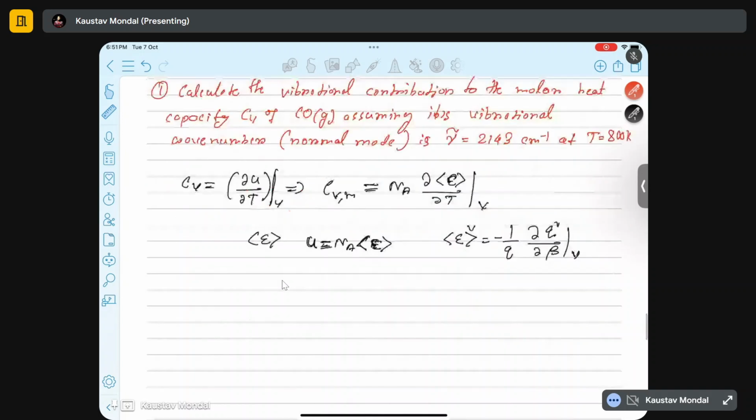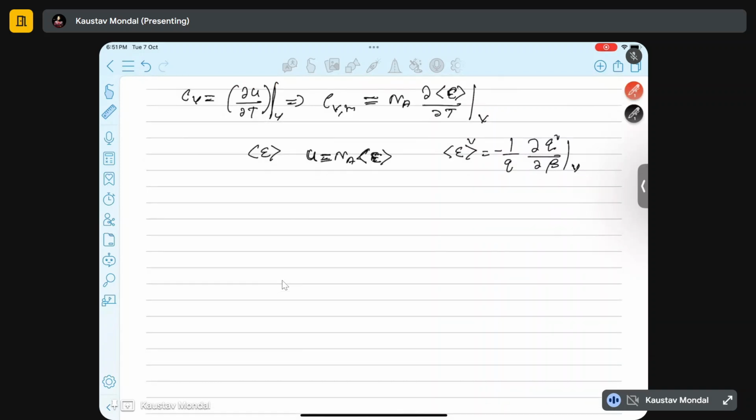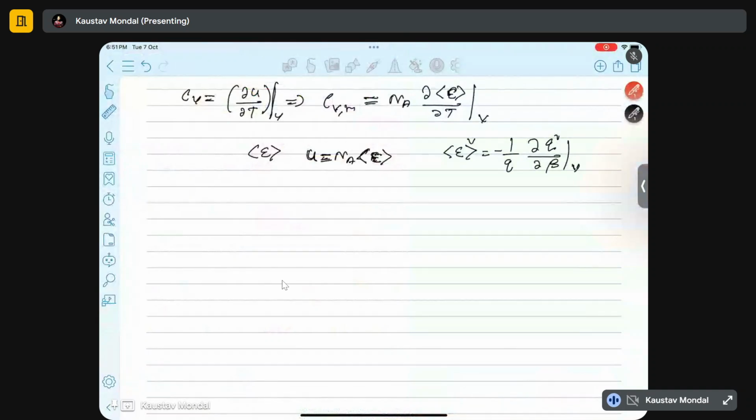Now we have been asked to only calculate the vibrational contribution, so that's why we have written the suffix v here. V means the vibrational energy and vibrational partition function. We know for the vibrational case, qv looks like this: 1 by 1 minus e to the power minus beta e, right?